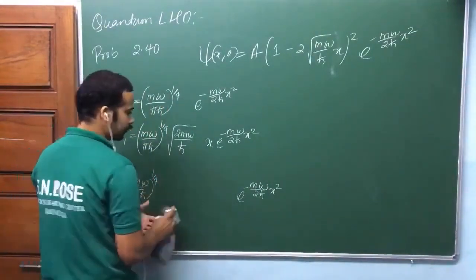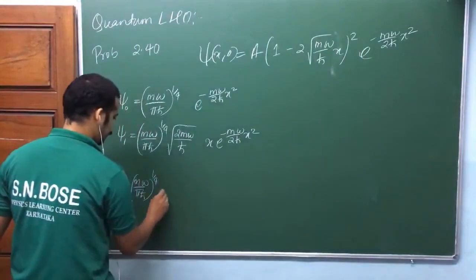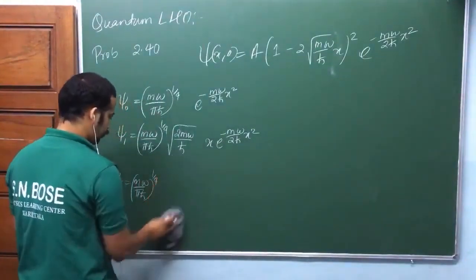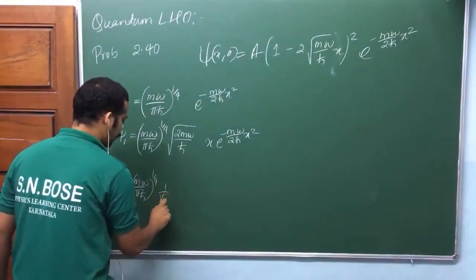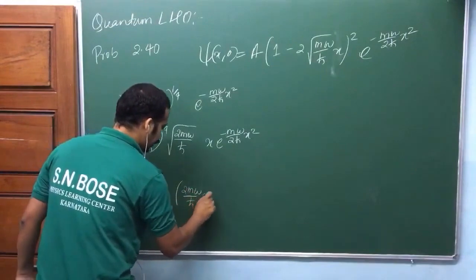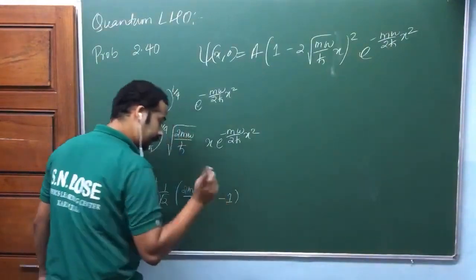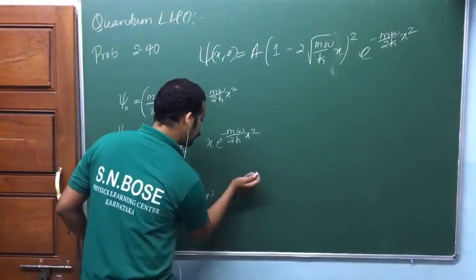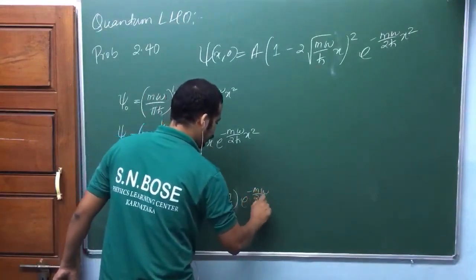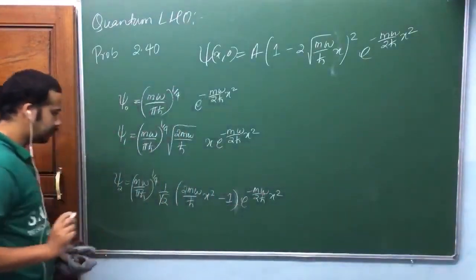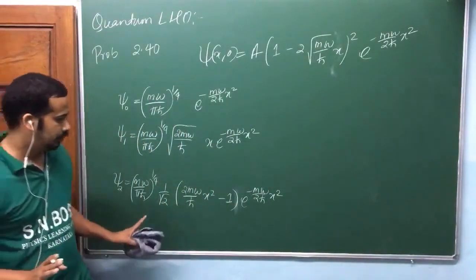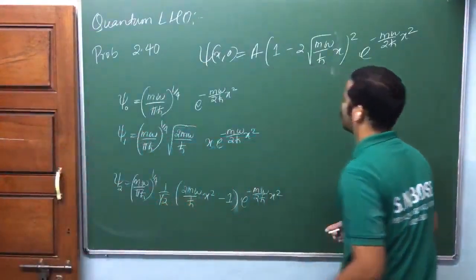I think one more factor would come here, isn't it? 1 by root 2. 1 by root 2 is the factor. So tell me correctly, okay? Because otherwise we will get stuck in the middle. e power minus m omega by 2 h bar x square. Check this out. Right or not? Yes, sir. Perfect. Actually, it should be 2 factorial, but that's equal to 2, okay?